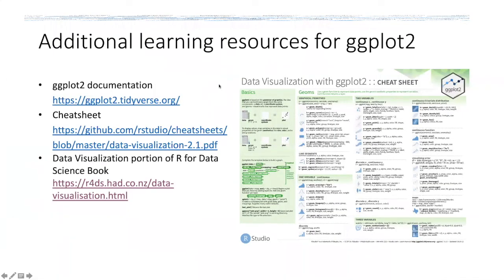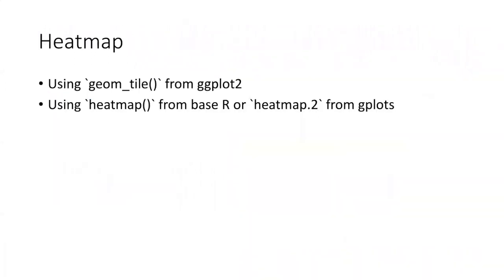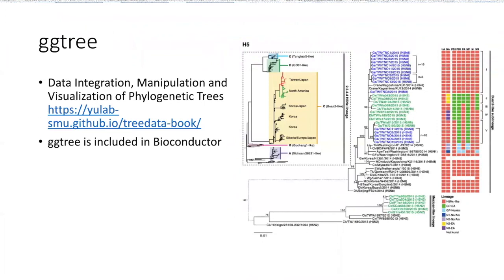And because I feel like I already went over time, if people want to stick around, I can show you some other stuff like some extensions like heat map or ggtree. But I guess I can also skip through because you can check out yourself, just by doing question mark and then function name or question mark package name to check how to do heat map or how to plot phylogenetic trees.